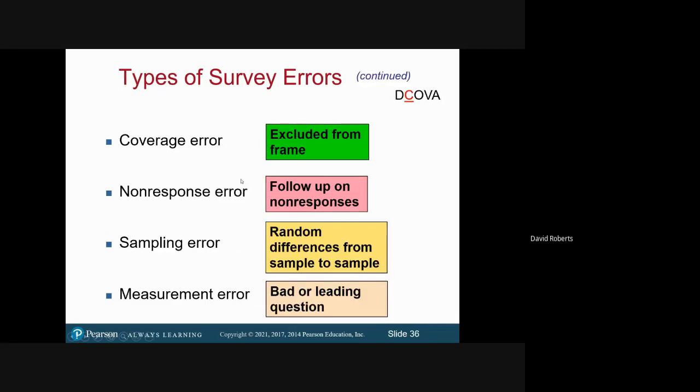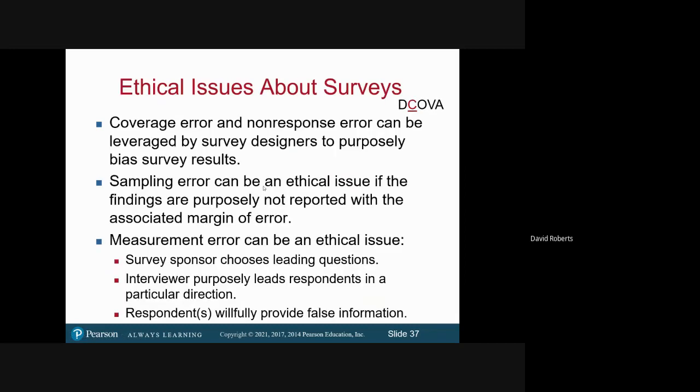All right. So here's just a graphic on what was on the previous slide. Ethical issues, again. Lots of surveys and things that were done years ago were, in some cases, unintentionally biased towards a certain demographic.